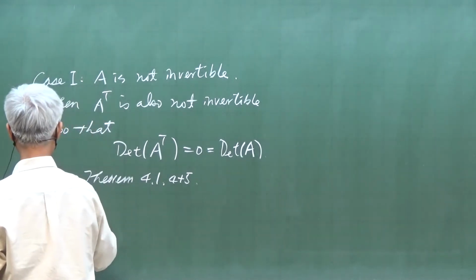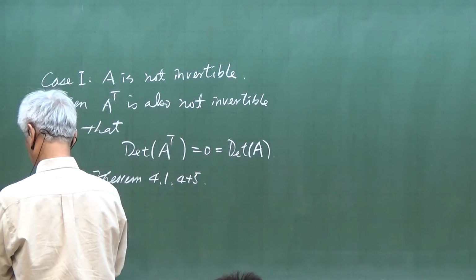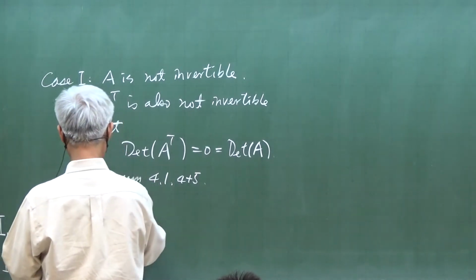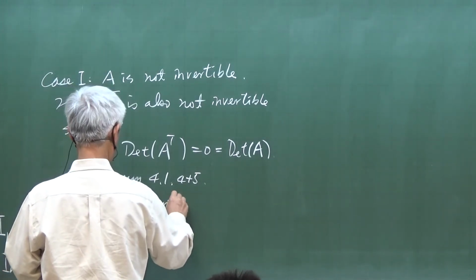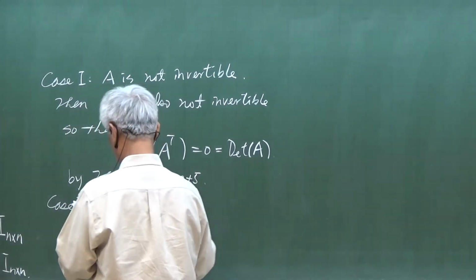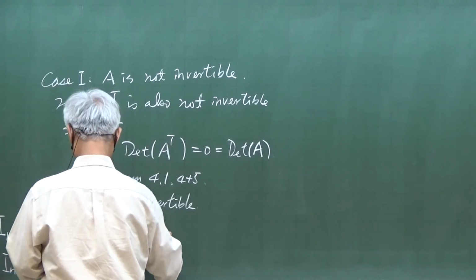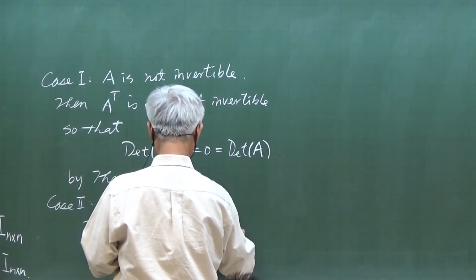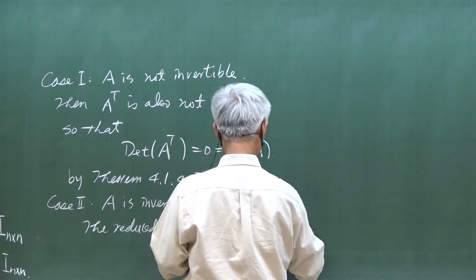So now we go to case 2. Now case 2 is that A is invertible. Now, the reduced row echelon form of A is the identity matrix.